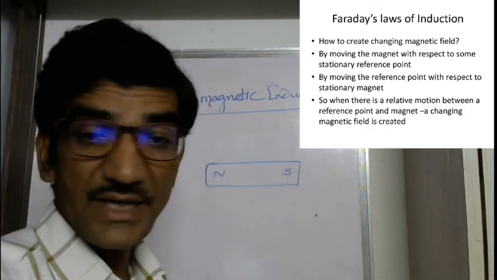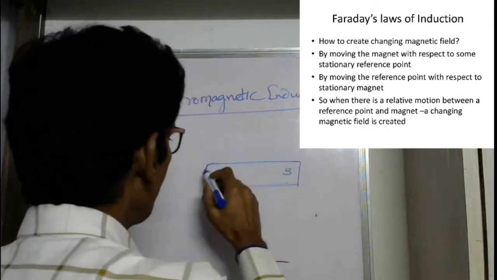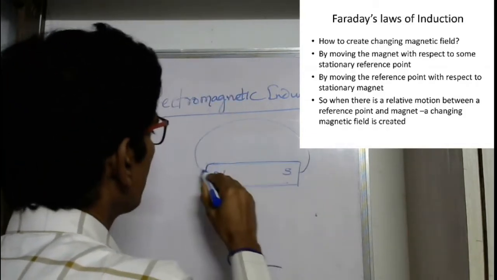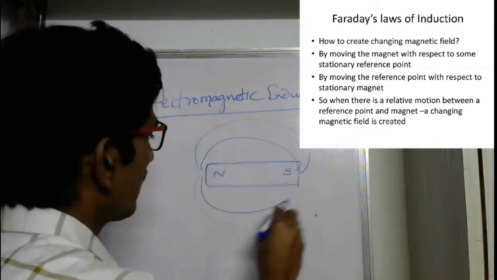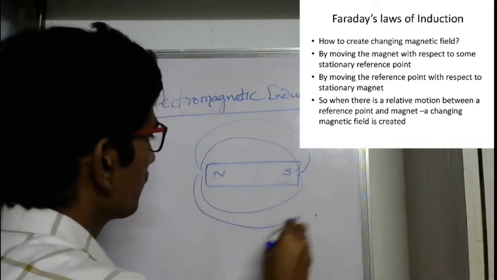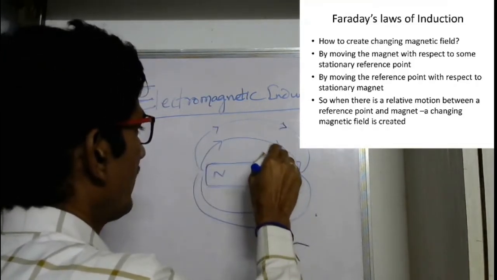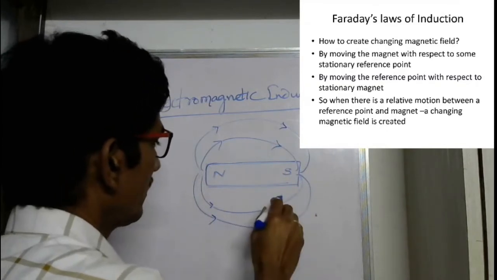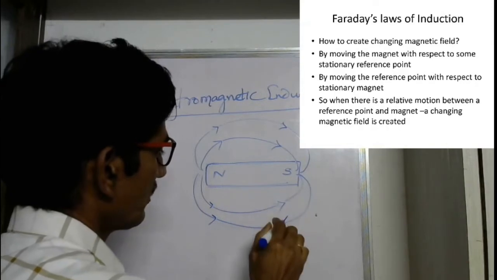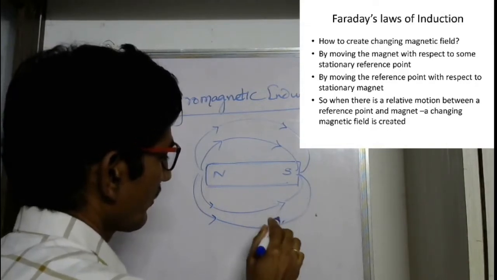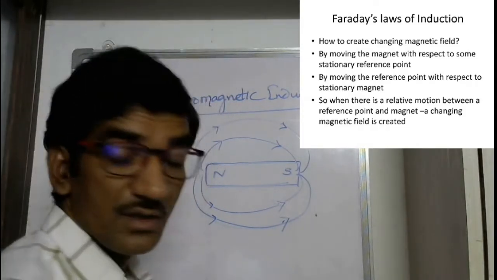Suppose that you are placing this magnet on the table, it is able to create some permanent magnetic field. How are the field lines running here, from which pole to which pole? Field lines start at the north pole and terminate at the south pole.